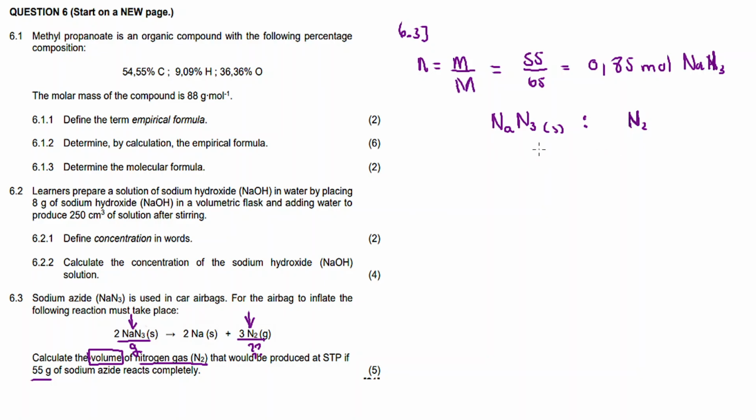So sodium azide to nitrogen gas. Now look, you need the ratios from the equation. It's 2 to 3, right? You see, ratios are very powerful.